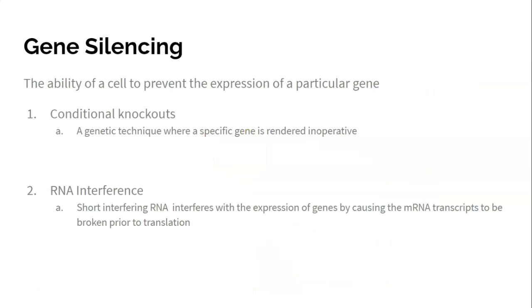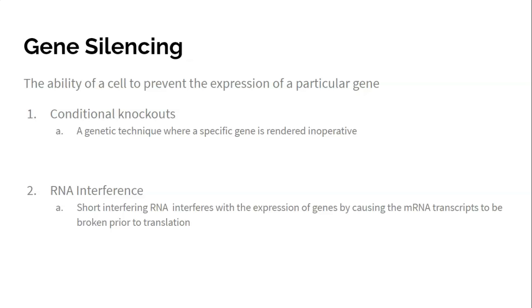For gene silencing, this is the ability to prevent the expression of genes. So there's conditional knockouts and RNA interference. Conditional knockouts is a genetic technique where a specific gene is just rendered inoperative. So basically, I am choosing that this gene gets knocked out and it doesn't do anything anymore.